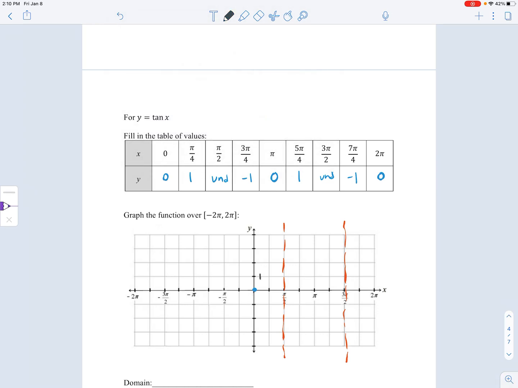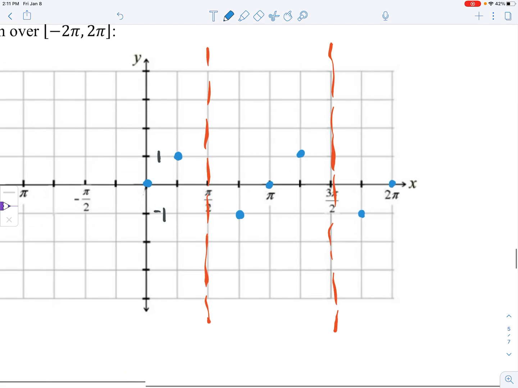So graphing just the points that I have filled in. Here, I'm going to call this tick mark 1, -1. Okay, so if you remember, a function approaches positive or negative infinity as it approaches a vertical asymptote.